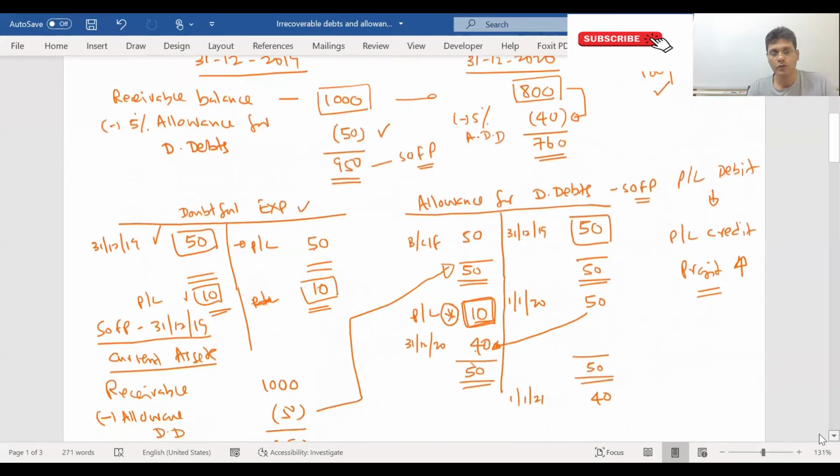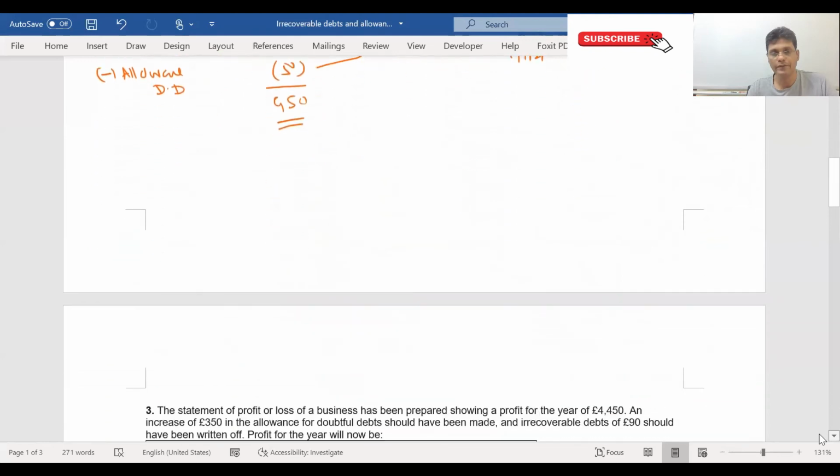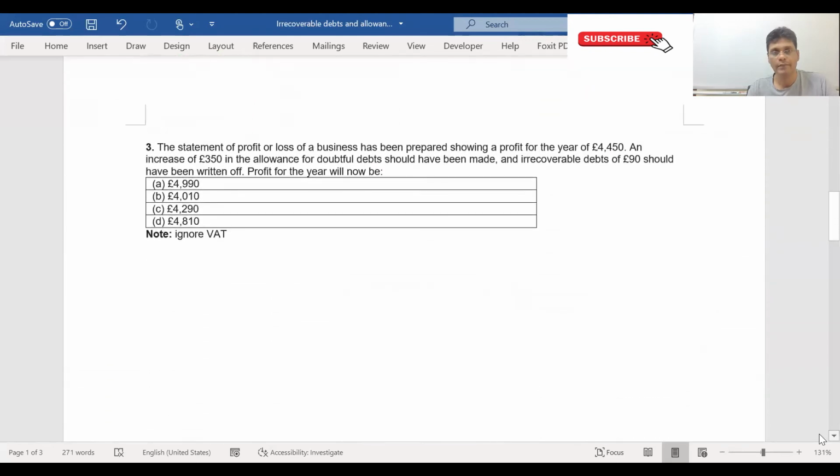Now let's move on to question number 3. Statement of profit or loss of a business has been prepared showing a profit for the year 4,450. So you have statement of profit and loss. You have the profit 4,450.